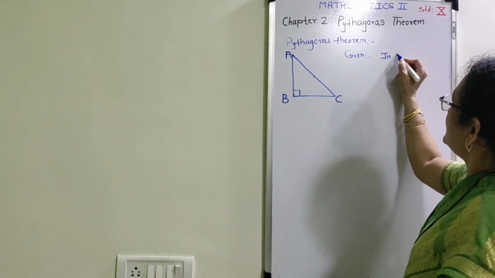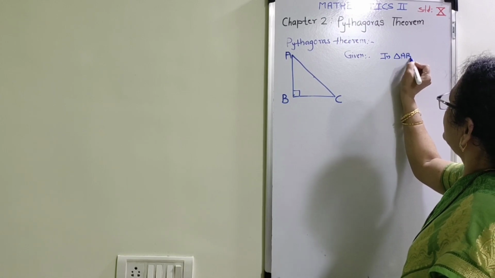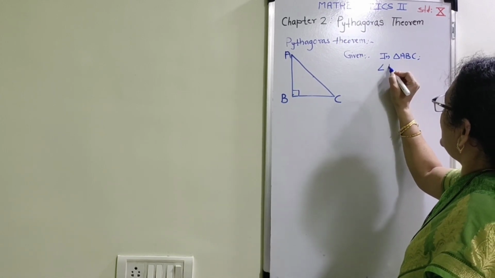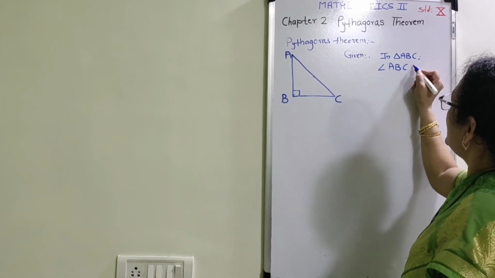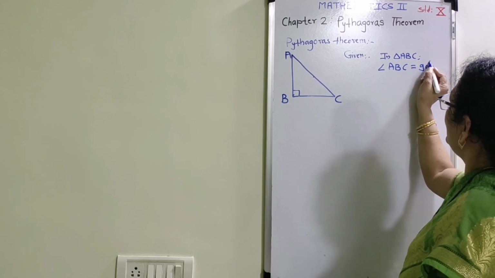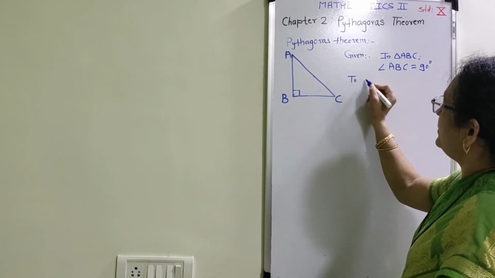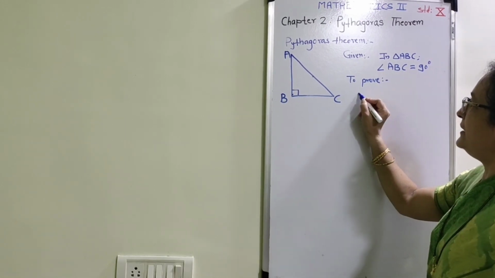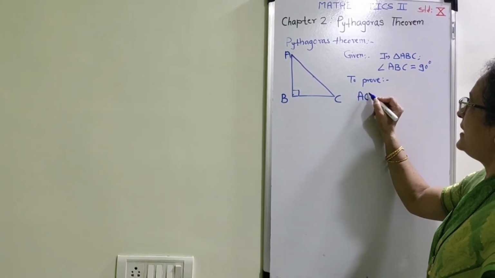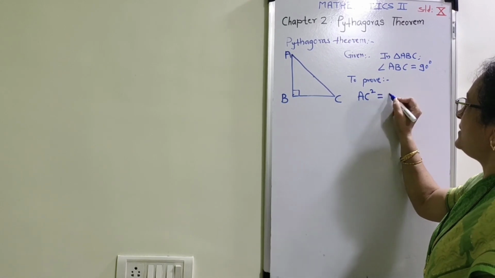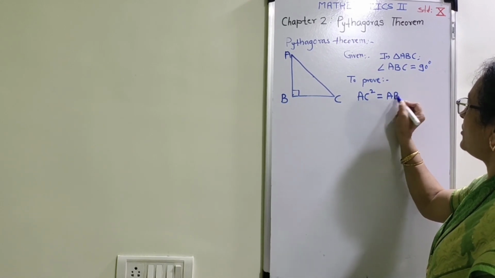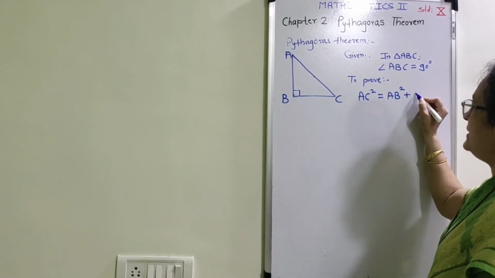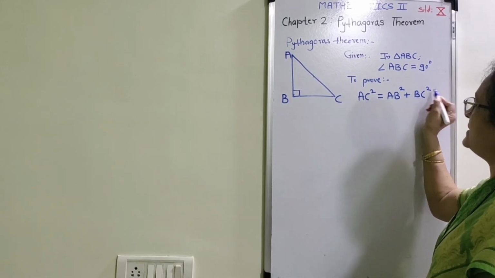In triangle ABC, angle ABC is 90 degrees. Now we are going to prove the mathematical form of Pythagoras theorem, that is, hypotenuse square AC square is equal to the sum of squares of the remaining two sides, that is AB square plus BC square.